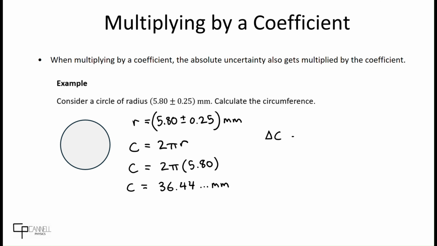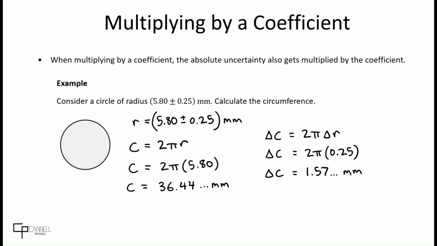So writing this out is 2 pi times the uncertainty in radius. So whatever numbers you multiply the radius by, it's the same deal for the uncertainty. So substituting our value for the uncertainty in the radius gives, and this equals 1.57, etc.